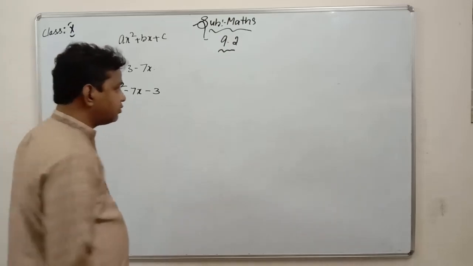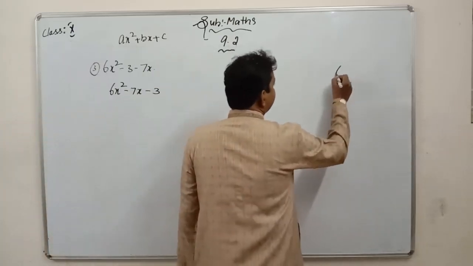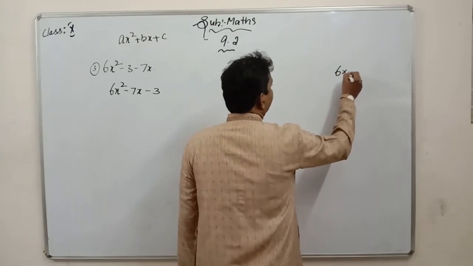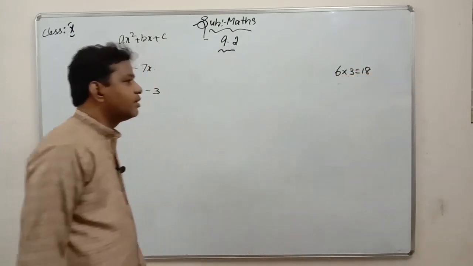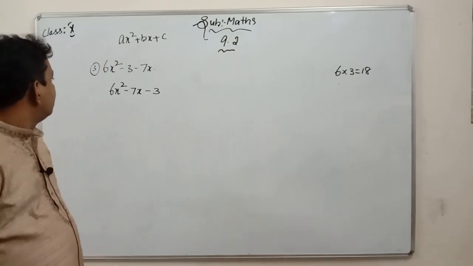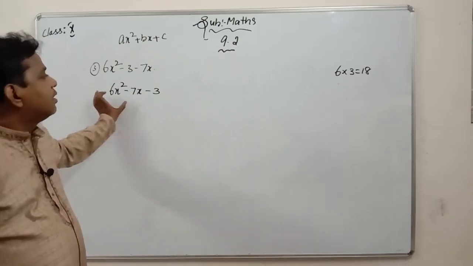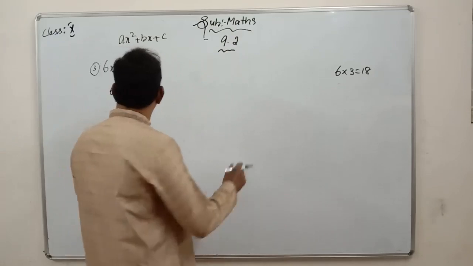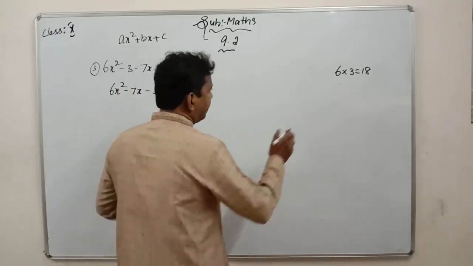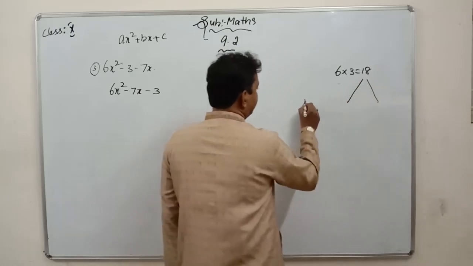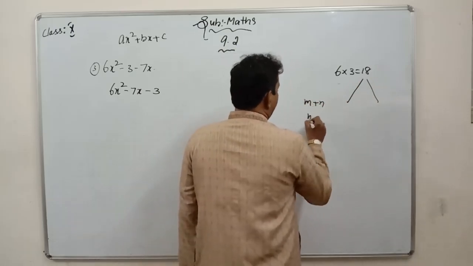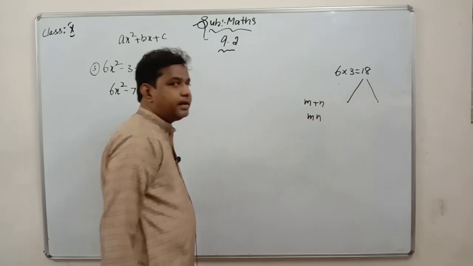Now you have 6 into 3 equals 18 here. So product is 18 now. So split in such a way, it is m plus n and mn.